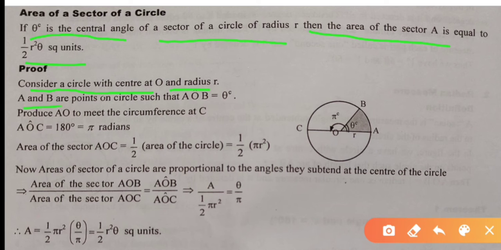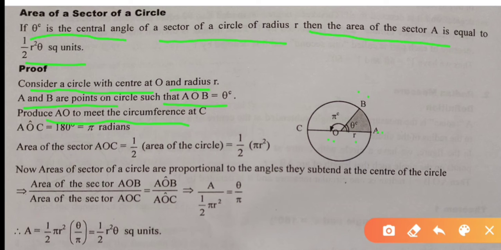A and B are two points on the circle such that angle AOB equals what? Theta.